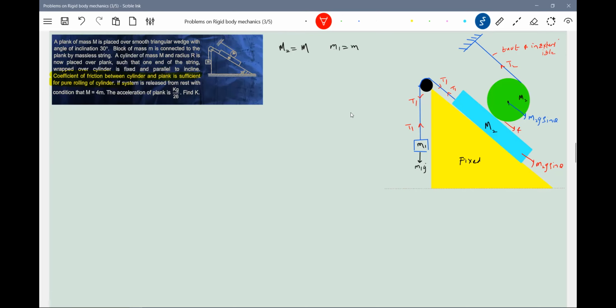The acceleration of this should be in this direction, and alpha 2 in this direction. And the acceleration of the plank, A0, I'll write as symbol A only. The acceleration of this should be equal to the acceleration of this one. That'll be better.